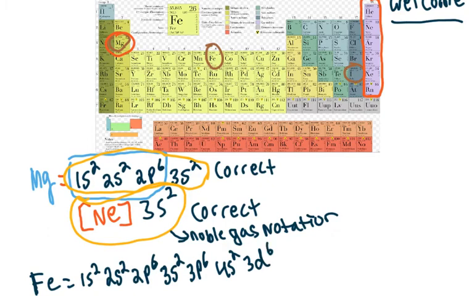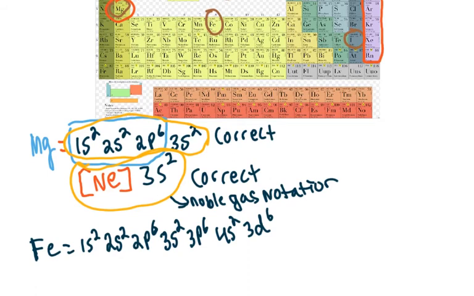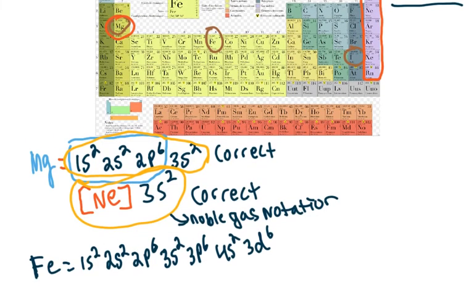3d6. Now this whole thing, all the way to 3d6, is our regular notation. It's still the correct way, but it's the long way. To save time, if you're running out of time on a test or something, just use the noble gas notation, if the directions say you can.